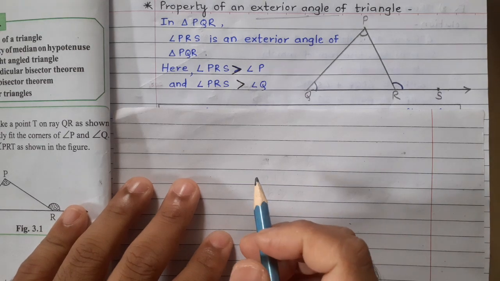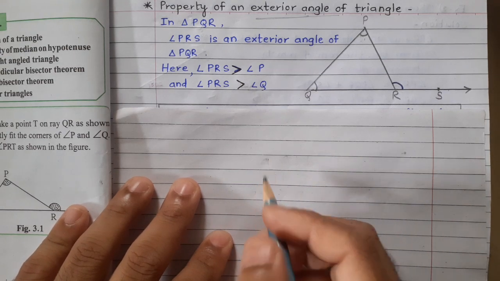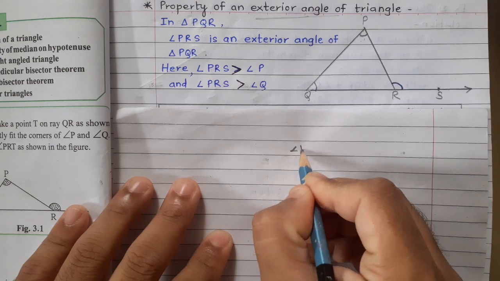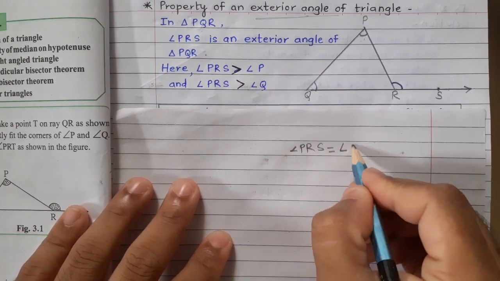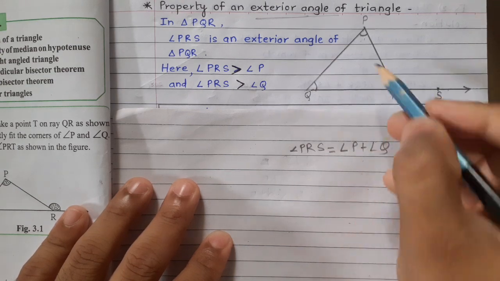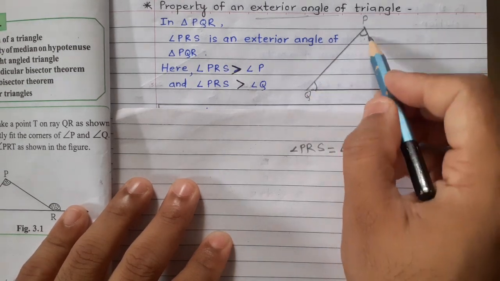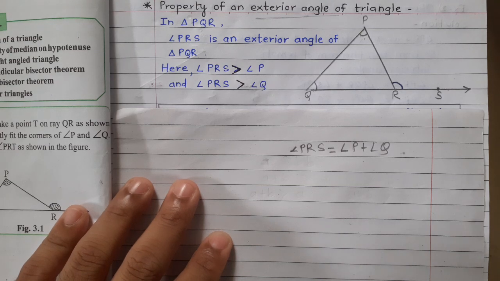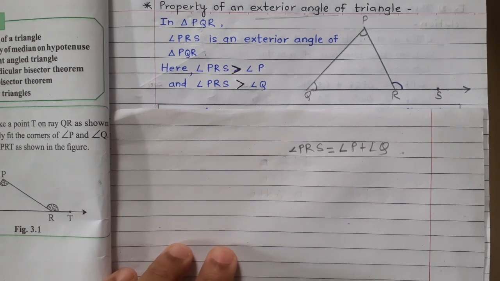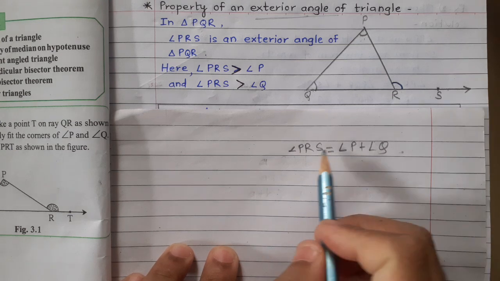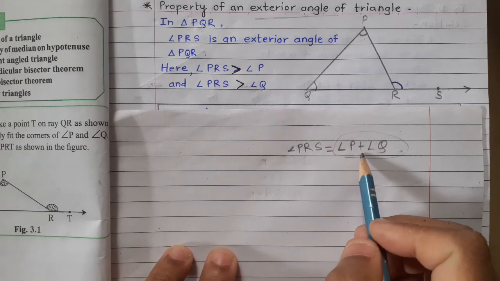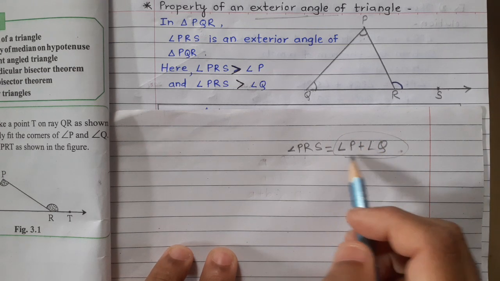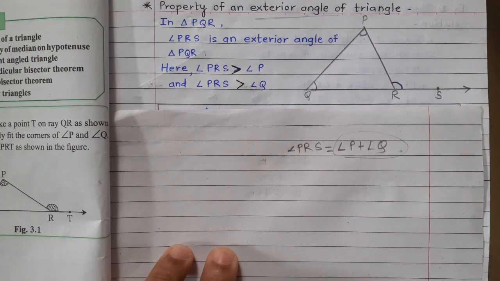And we know by the theorem of remote interior angles that the exterior angle, angle PRS, is equal to angle P plus angle Q, because angle P and Q are the remote interior angles. The measure of an exterior angle of a triangle is equal to the sum of its remote interior angles.